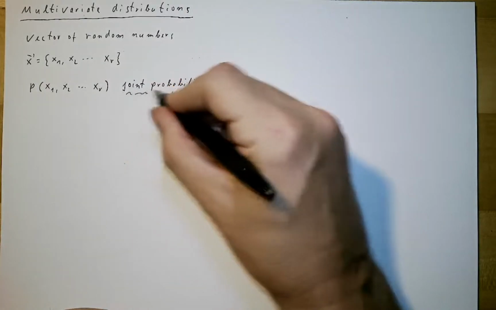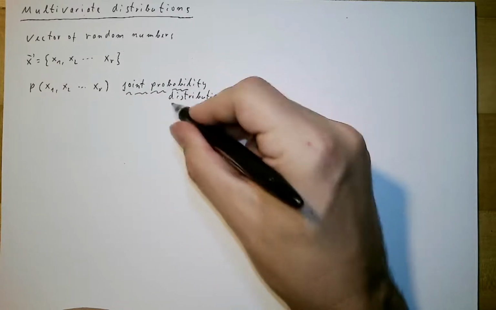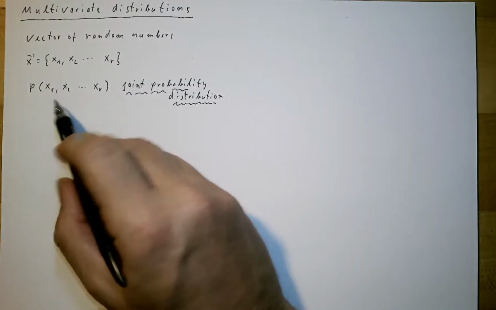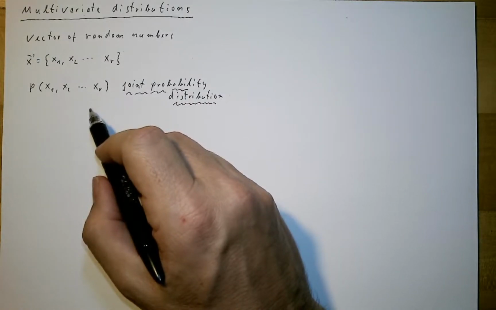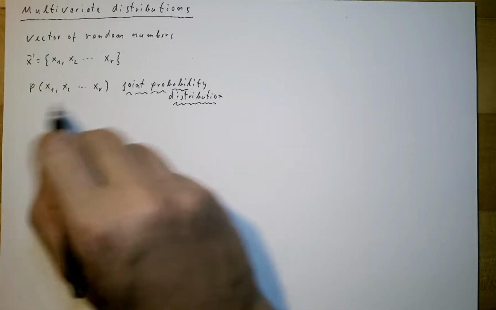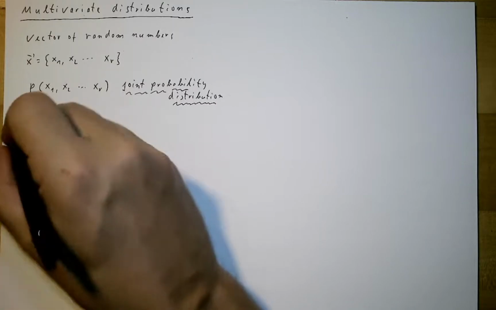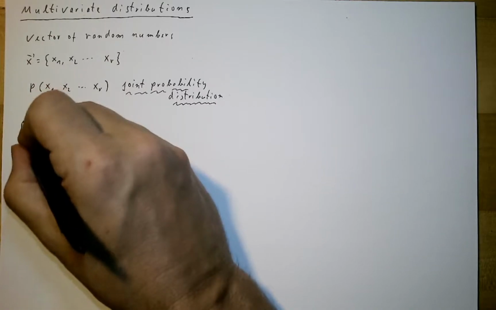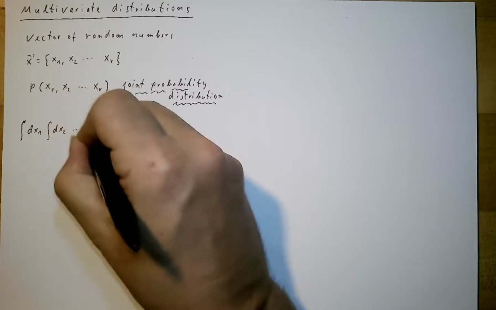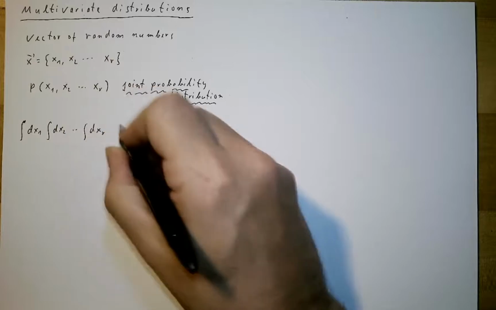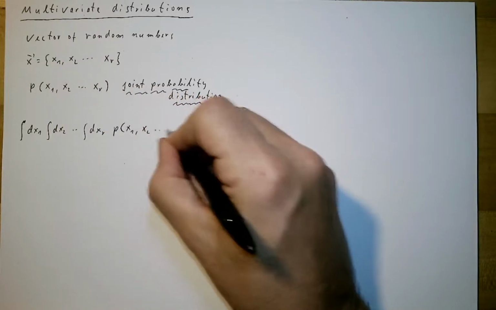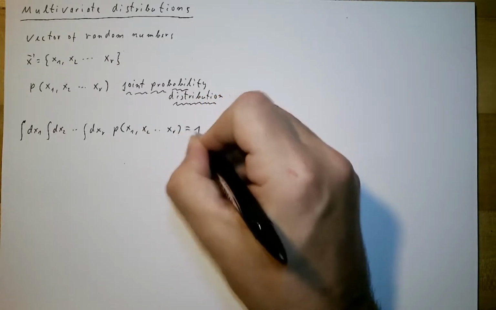So there is actually nothing special here. It's just that the distribution does not depend only on one variable, but on r variables. And then by normalization, I wrote this here for continuous variables, but it can also be done for discrete variables, we integrate over all these variables, dx1, dx2, until dxr, and the probability, which depends on x1, x2, until xr, equals 1.